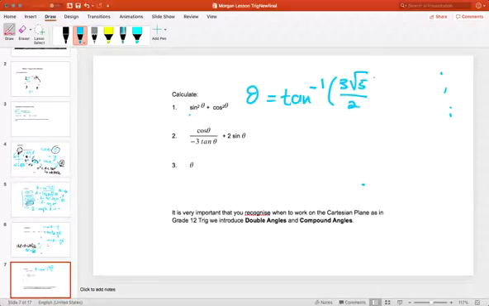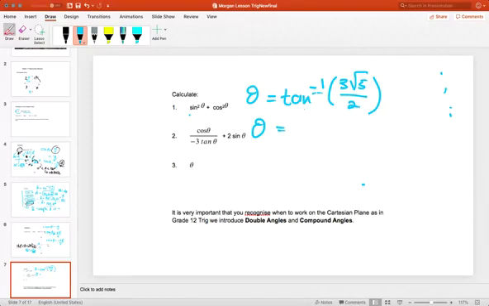So you substitute in the ratio to get the angle out, but you have to press shift on your calculator. That will get you the minus 1 that we see over there, and then you type your ratio in for tan.